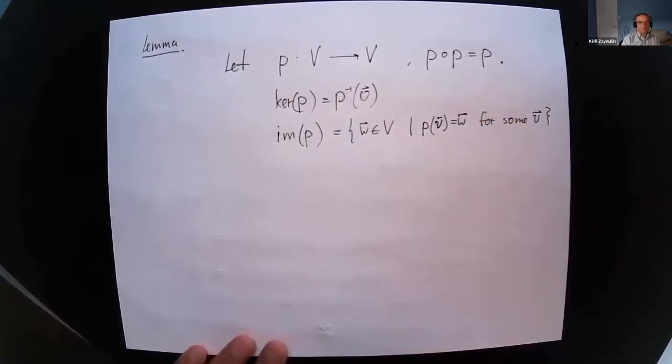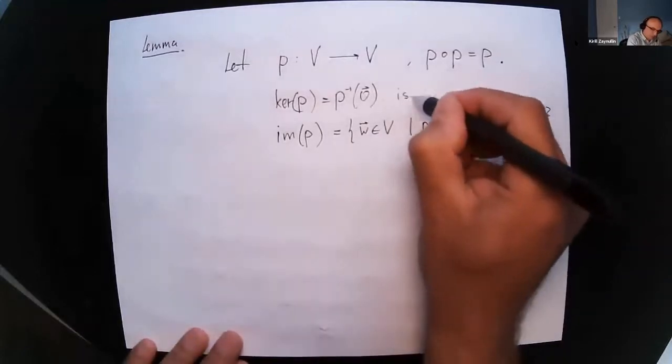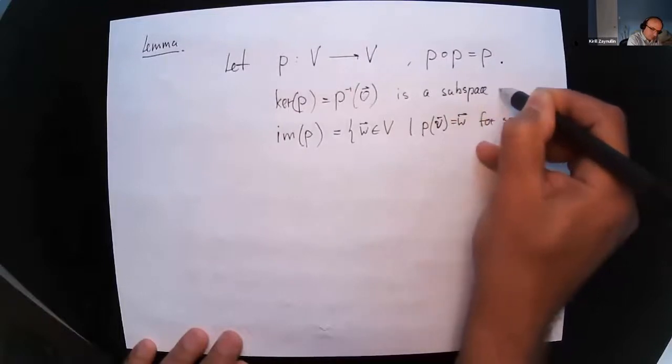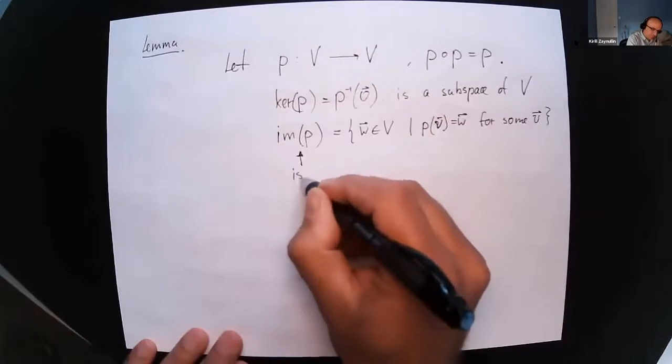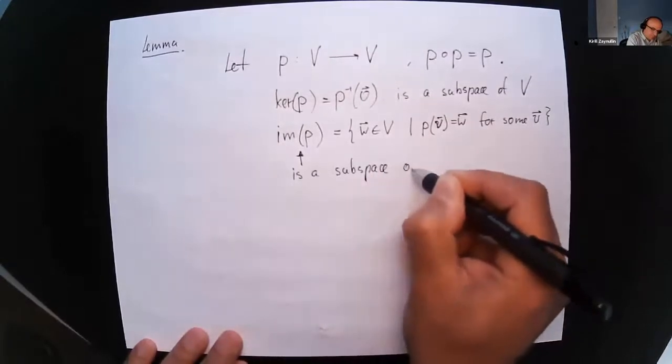So it's an image, it's a range, right? And we all know that those are subspaces. Remember that the kernel is a subspace of V, and also the image is a subspace of V.